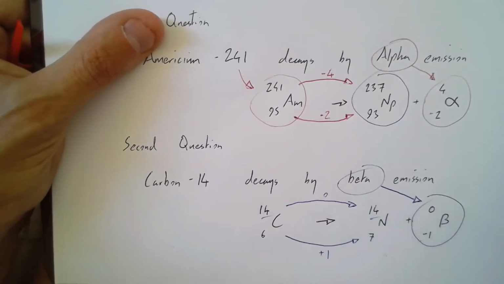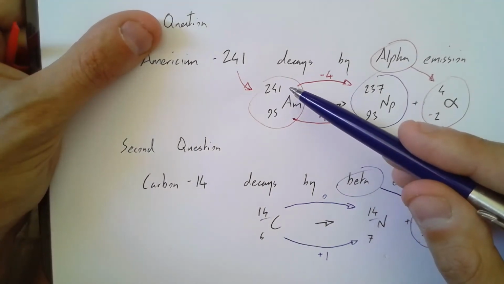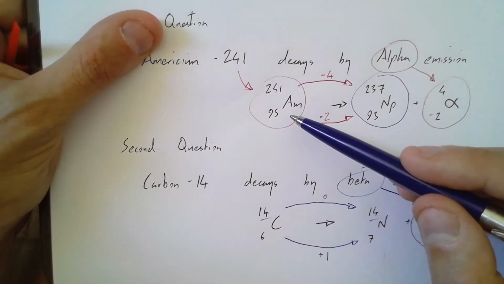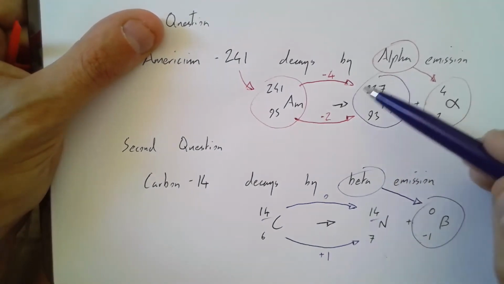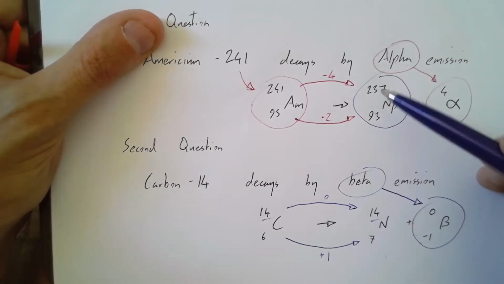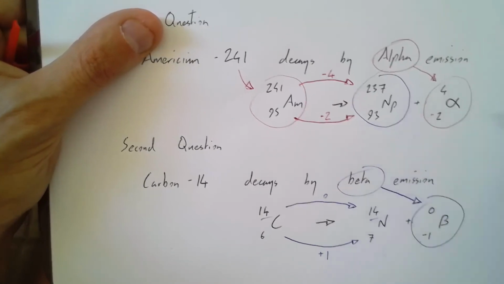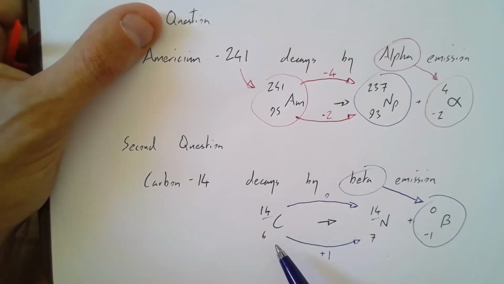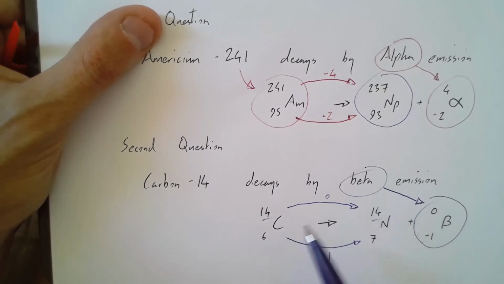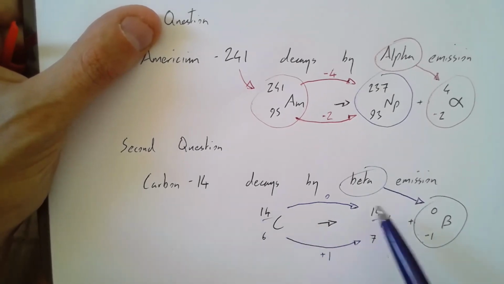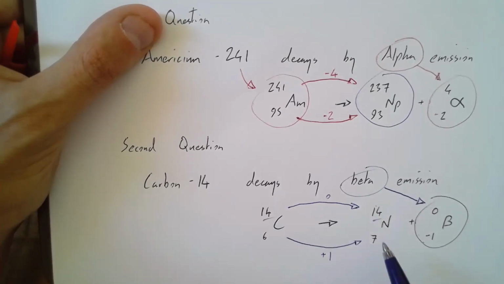So that's the rule. For alpha particles, you -4 from the mass number and -2 from the proton number, and you get your new element with that mass number and that proton number. And for beta particles, you always keep the mass number the same, 14 here, 14 here, and you add 1 to the proton number.